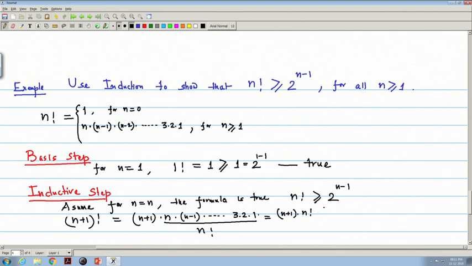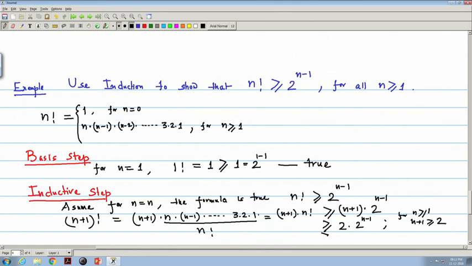Now, I can write this is greater than or equal to n plus 1 into 2 to the power n minus 1. Now, this is greater than or equal to 2 into 2 to the power n minus 1, because for n greater than or equal to 1, n plus 1 is greater than or equal to 2.